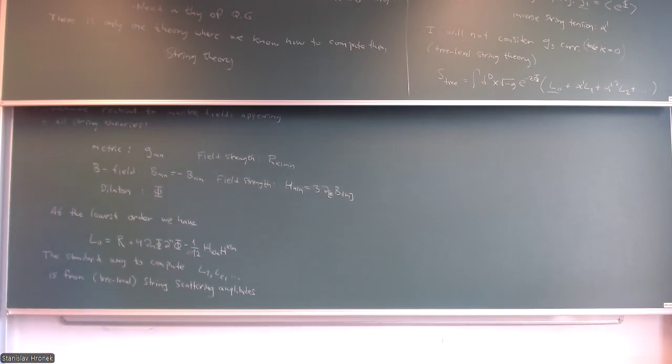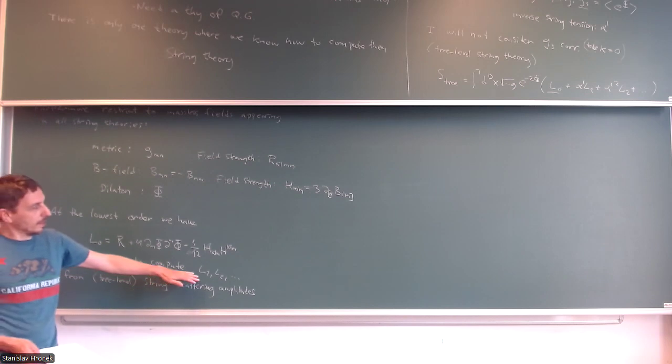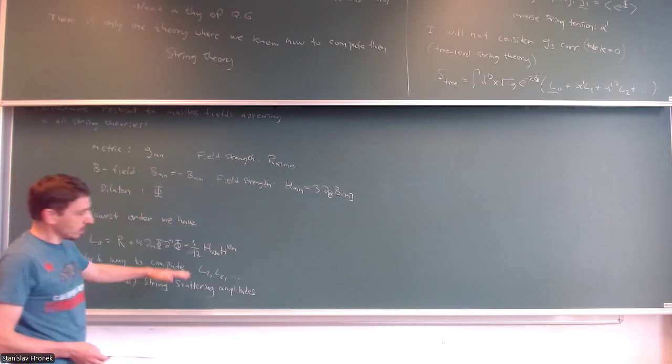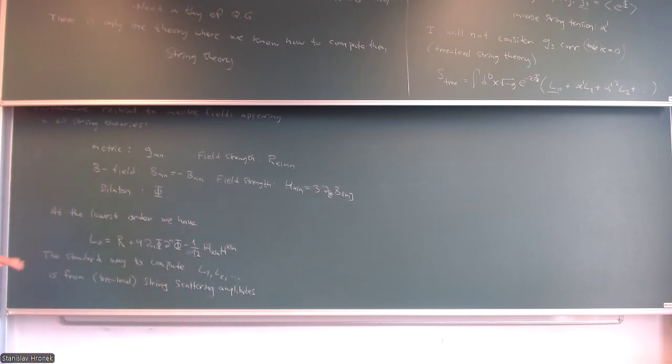Of course, to get the Lagrangian, first you get the scattering amplitudes, and then you have to match: you make an ansatz for the effective action, and match the amplitudes coming from that effective action to the amplitudes that you computed from string theory. So it involves two steps: you compute the scattering amplitude, and then you match it to an effective action.